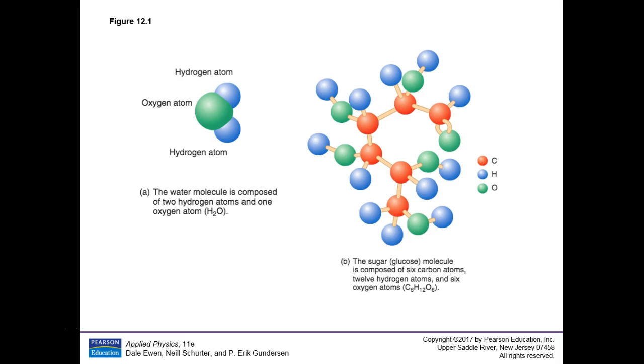Most of the volume taken up by an atom is by that electron cloud. And the electrons have almost no mass at all. They have a little bit, but not much. The protons and neutrons, each one of them, has something like 10,000 times the mass of a single electron. And yet the electrons take up all the space, and the protons and neutrons are packed together in that nucleus.